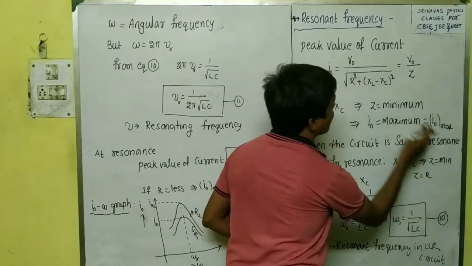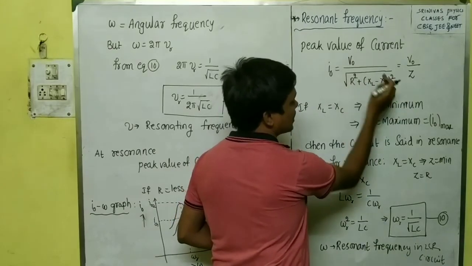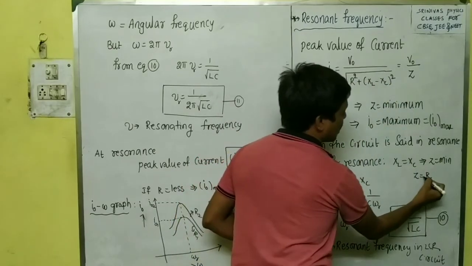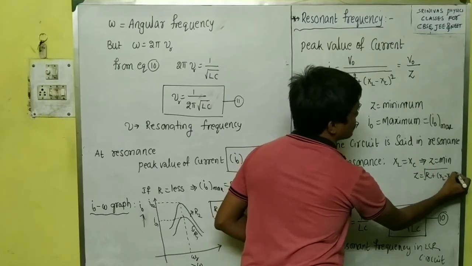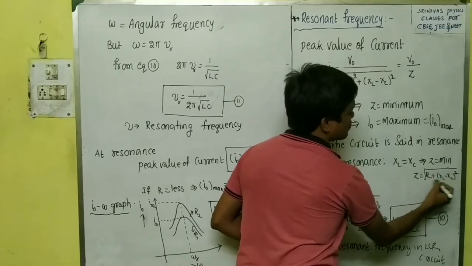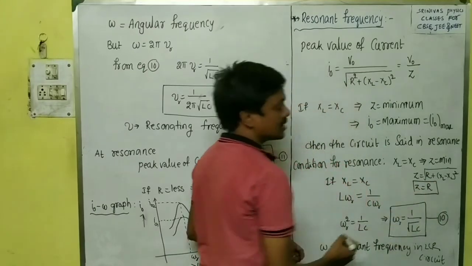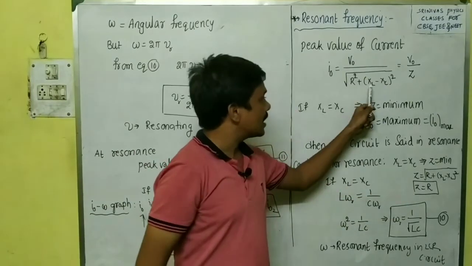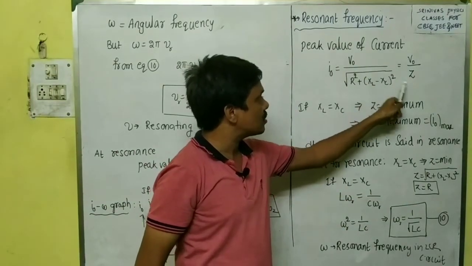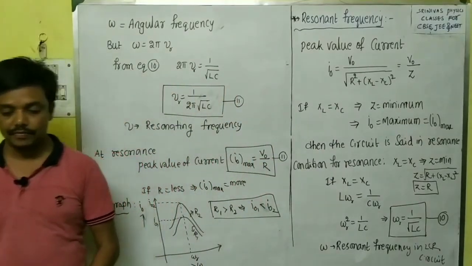Z is equal to R. Z is the square root of R square plus XL minus XC whole square. When XL minus XC is 0, this term becomes 0, then Z is equal to R. At resonance, the impedance is equal to resistance. XL is equal to XC, this term becomes 0, then Z is equal to root R square, that means Z is equal to R at resonance.